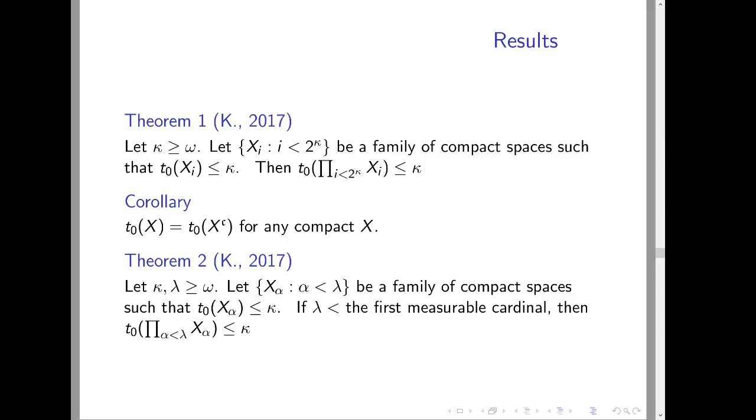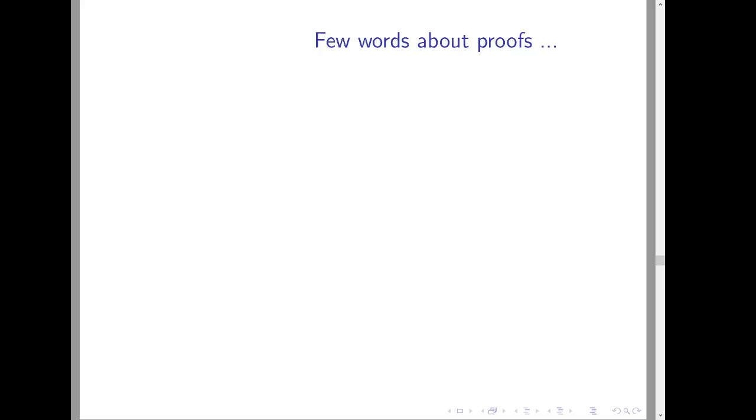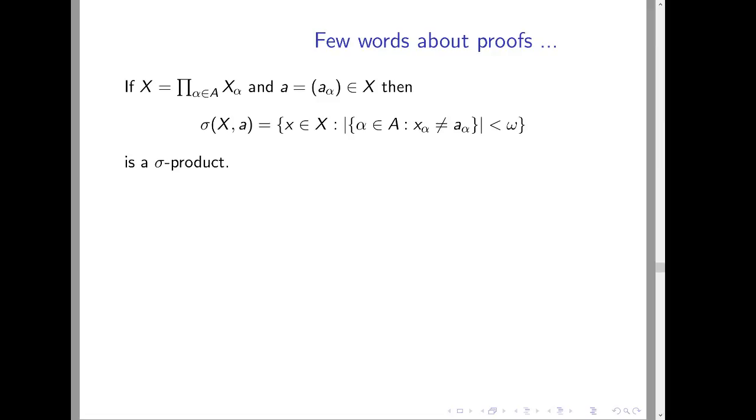Let me mention something about the proofs, how we can get results like that. The main idea here is to look not at the full product, but at certain subsets of the product. And the good notion here is the so-called sigma product. What is a sigma product?